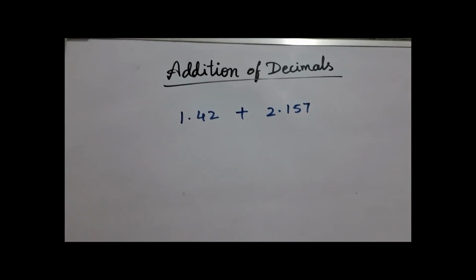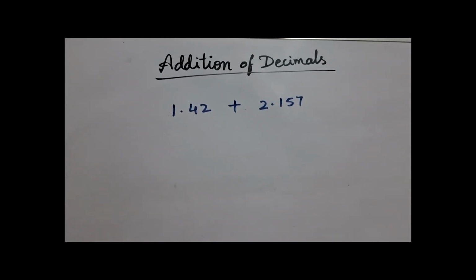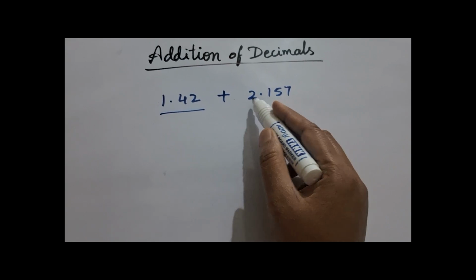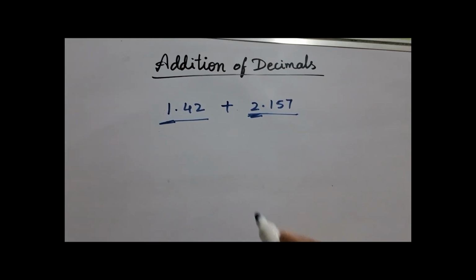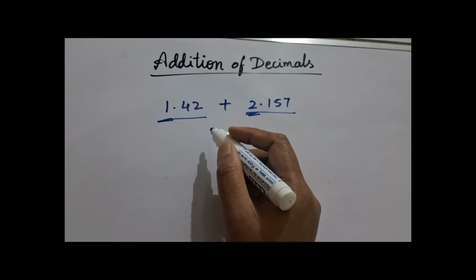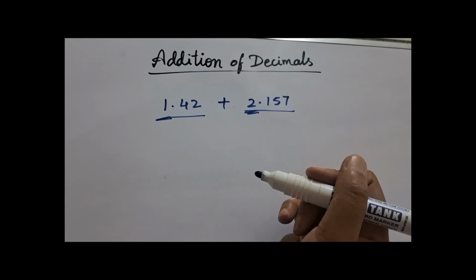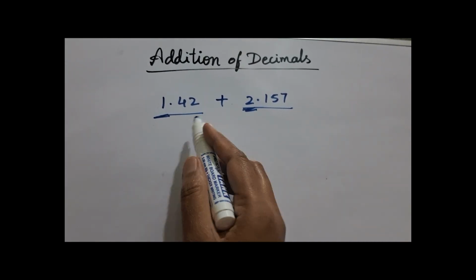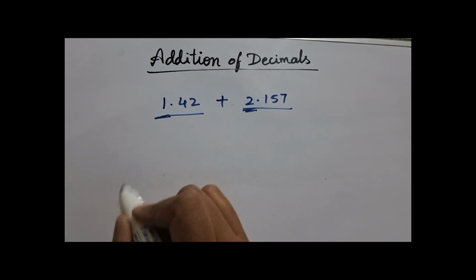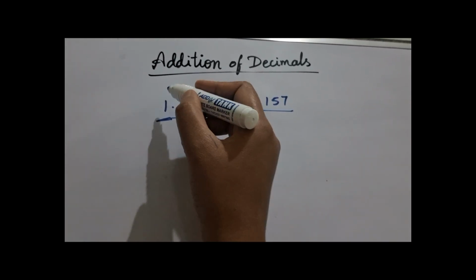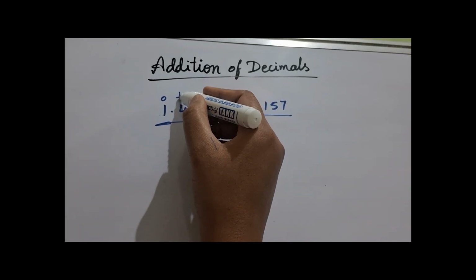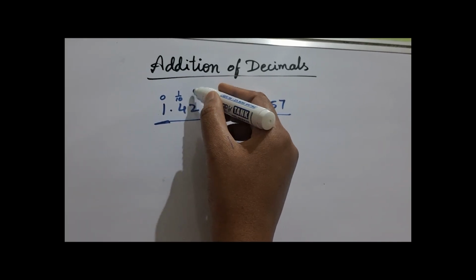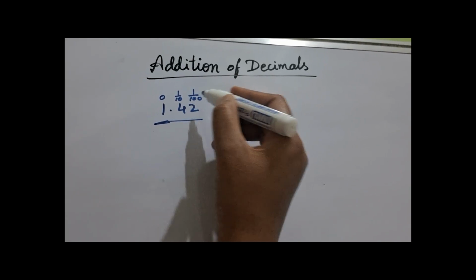Now we will learn how to add decimal numbers, children. Here are the two decimal numbers which need to be added. We first need to write the places of each digit of the decimal numbers. This is in the ones place, this is in the 1 by tens place, and this digit is in the 1 by hundreds place.